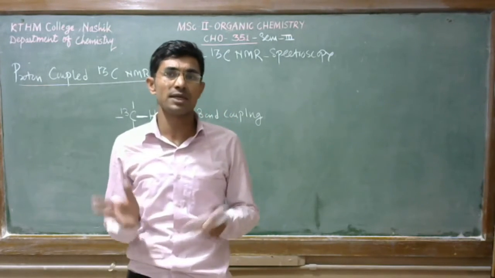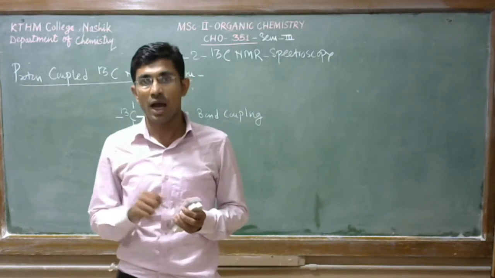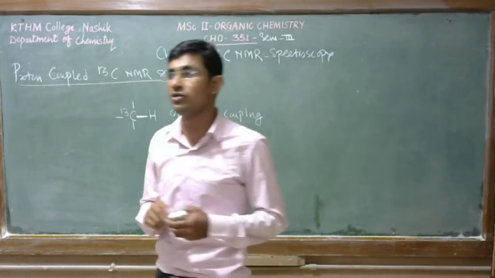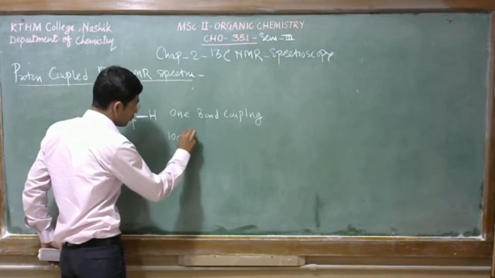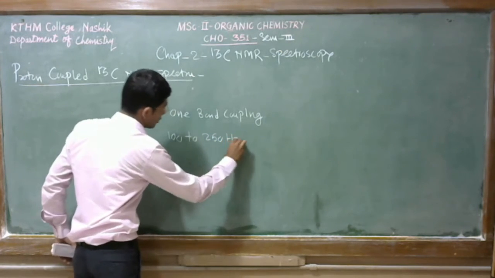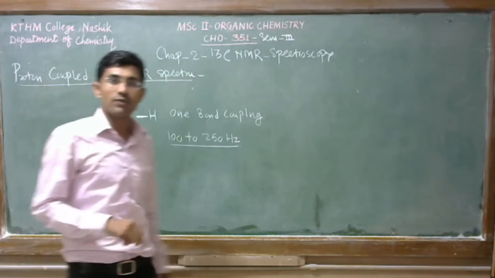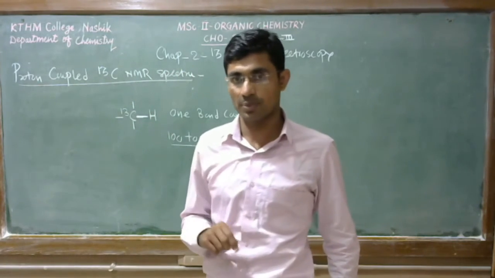Heteronuclear coupling means in this coupling two different atoms are involved. And this heteronuclear coupling has a very large coupling constant value, from 100 to 215 Hz. So this coupling we can observe in proton coupled 13C NMR spectra.